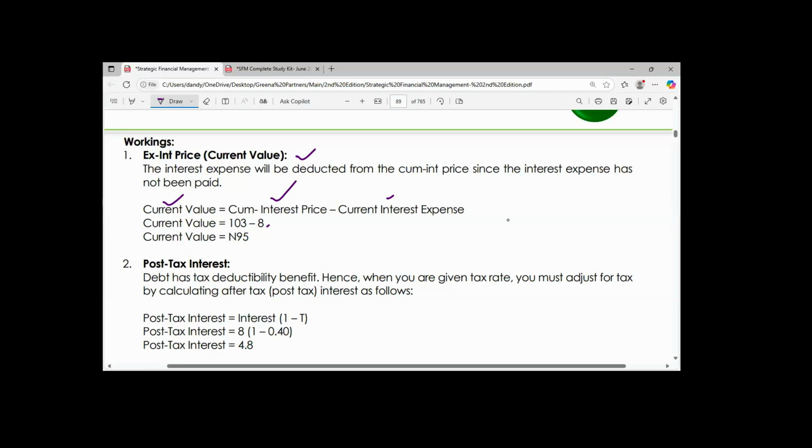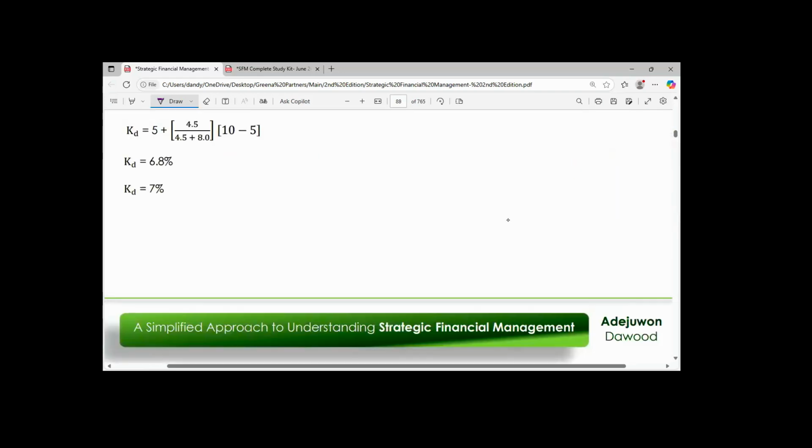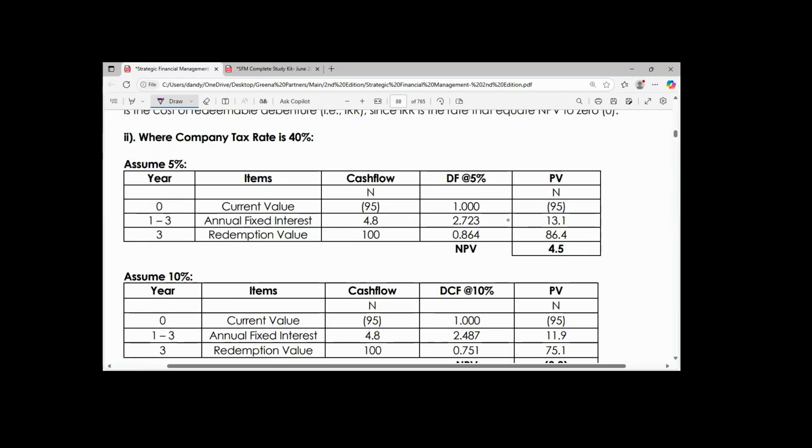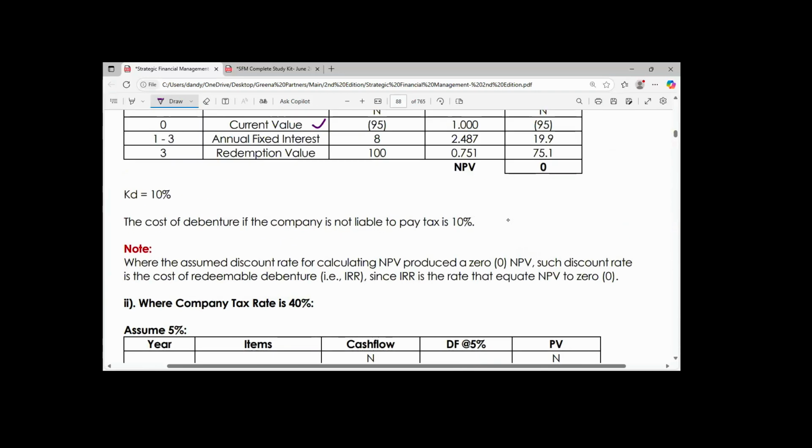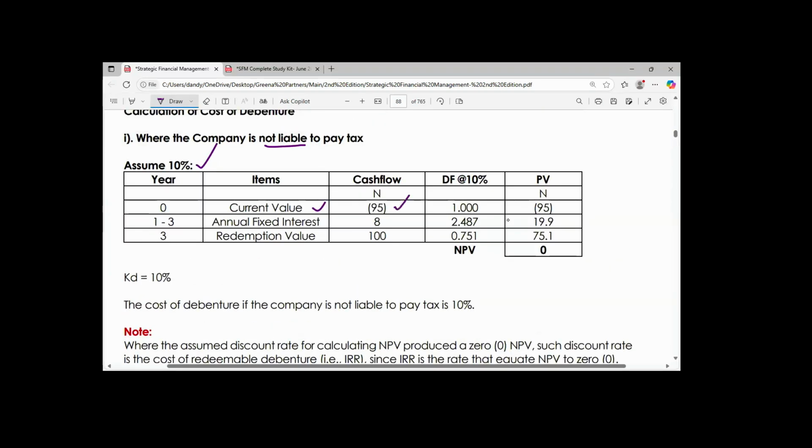The quoted market price of the debenture is 103. 103 minus 8 will give us 95. So I will put it down in my table. This is the 95 in year 0, the current market value of the debenture. When you multiply with a discount factor of 1, we have 95 negative.